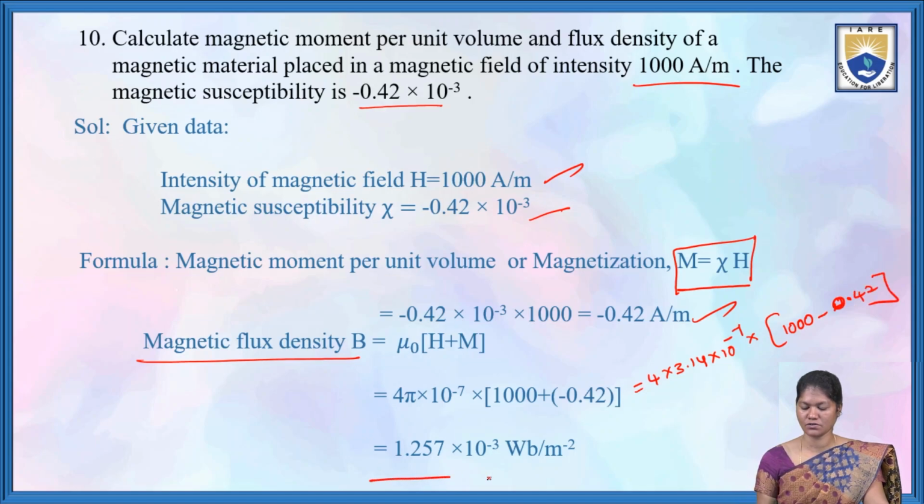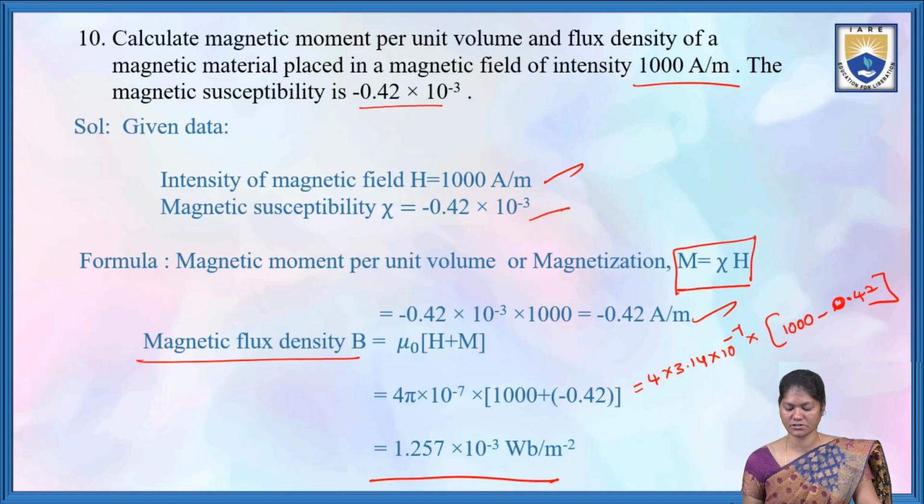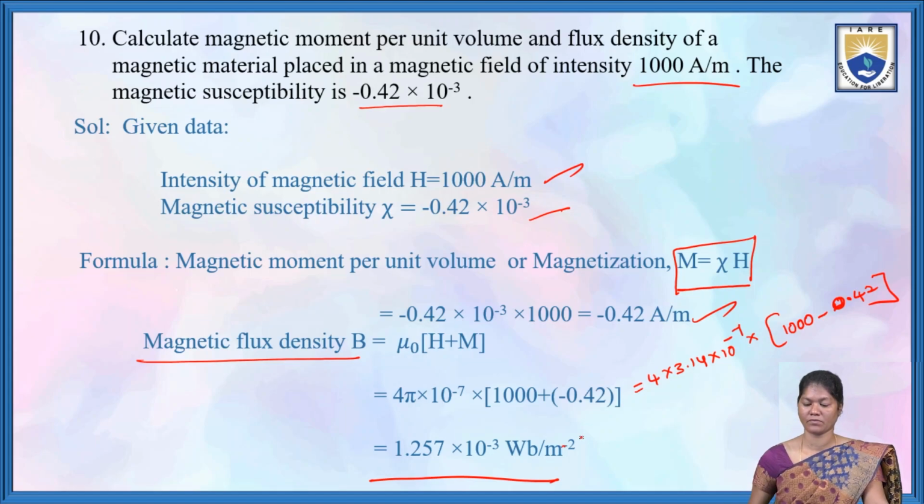So it is equal to 1.257 into 10 power minus 3 Weber per meter square. These are the problems related to magnetic materials.